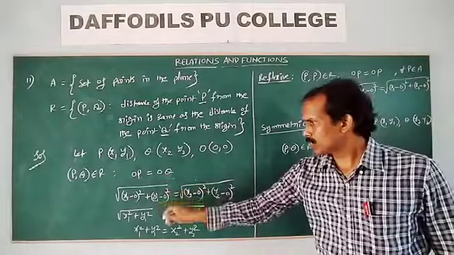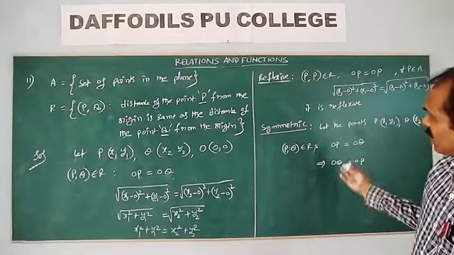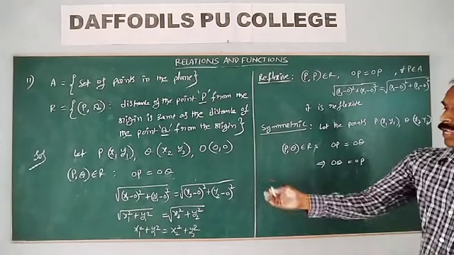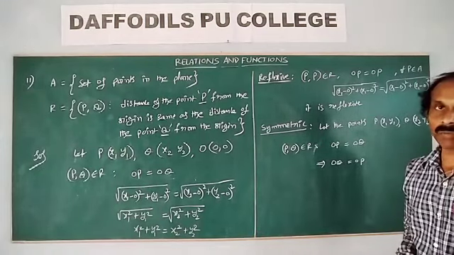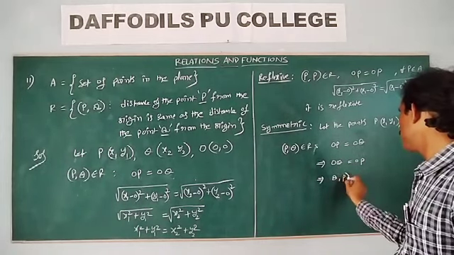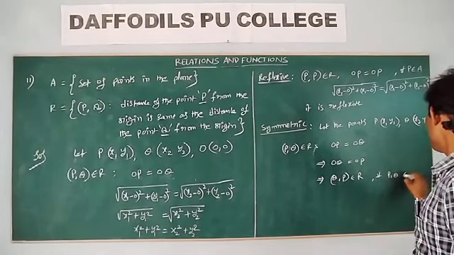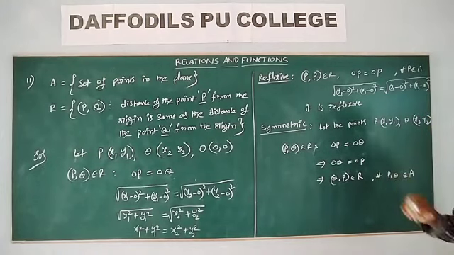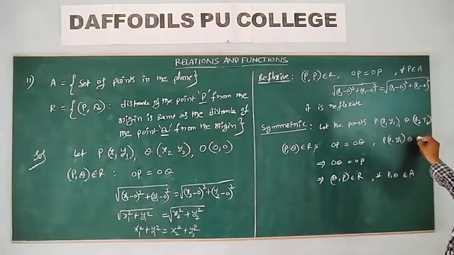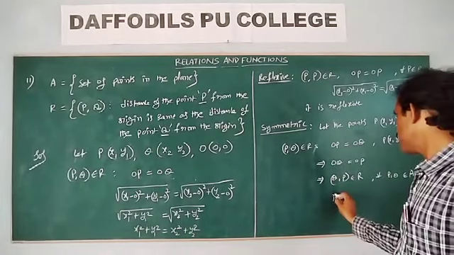OP equal to OQ means x1 square plus y1 square is equal to x2 square plus y2 square. You get the same answer. So OQ is equal to OP means x2 square plus y2 square is equal to x1 square plus y1 square. This implies that (Q, P) belongs to R, for each P, Q belonging to set A. Here P is (x1, y1) and Q is (x2, y2). Okay, it is symmetric.